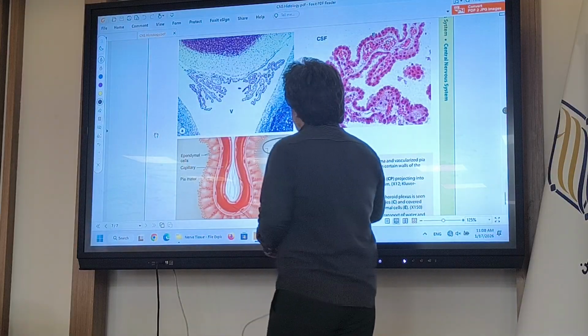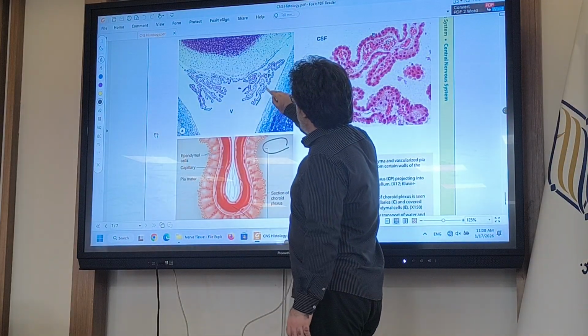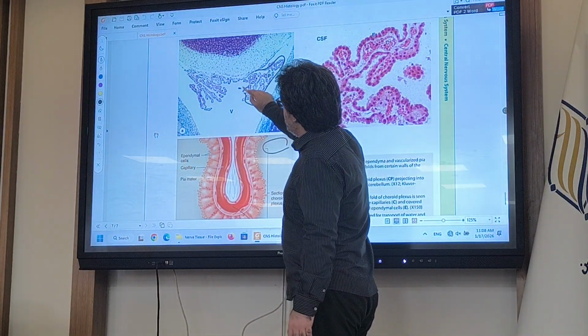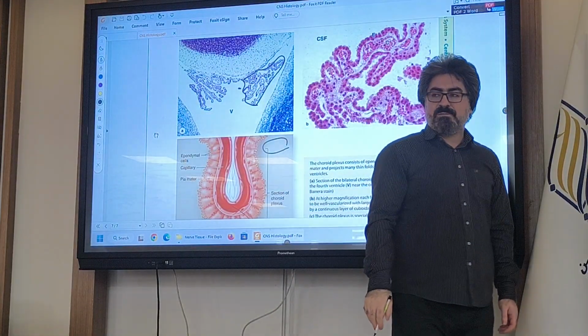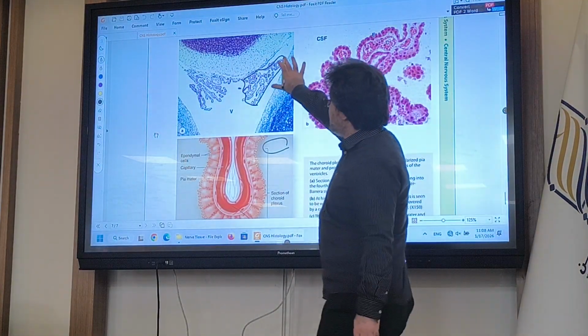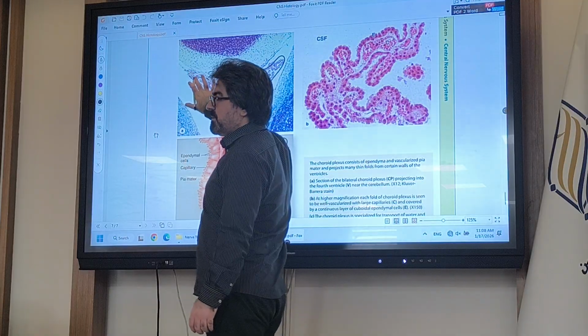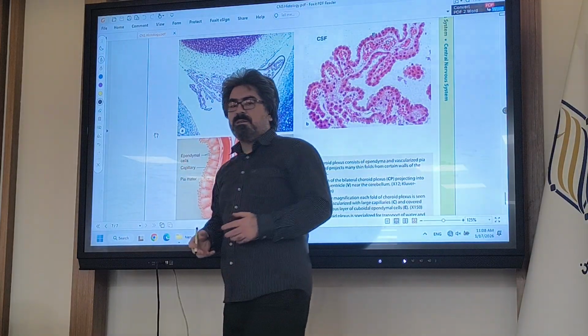Choroid plexus is a structure inside the roof of ventricles, some ventricles of brain. As I told you, ventricles of brain are spaces inside, within brain.